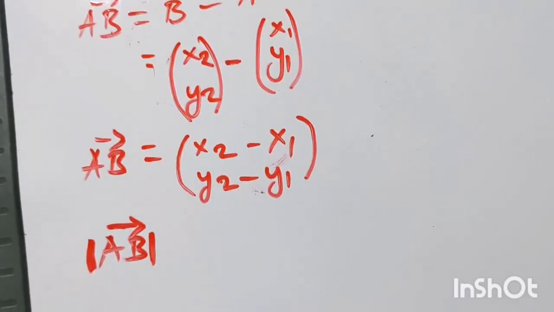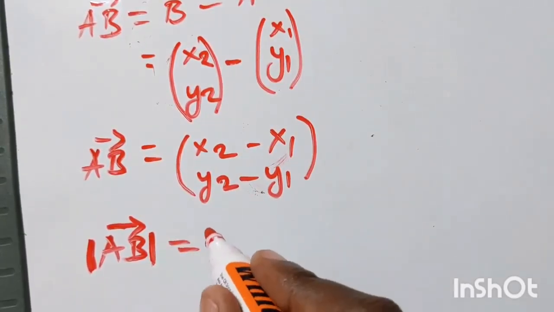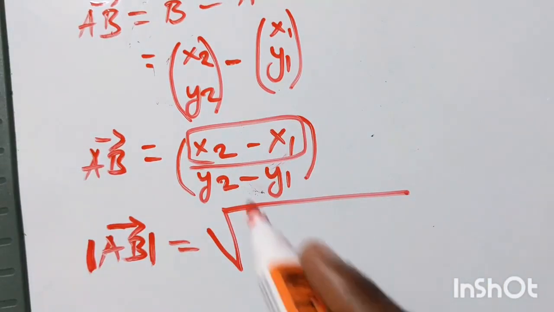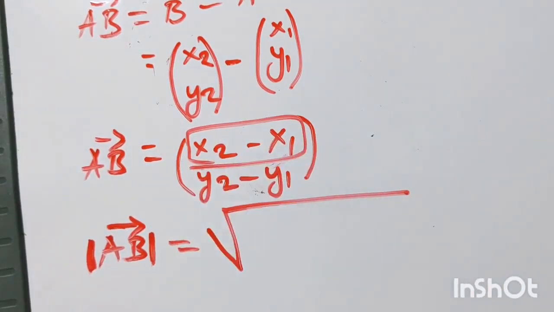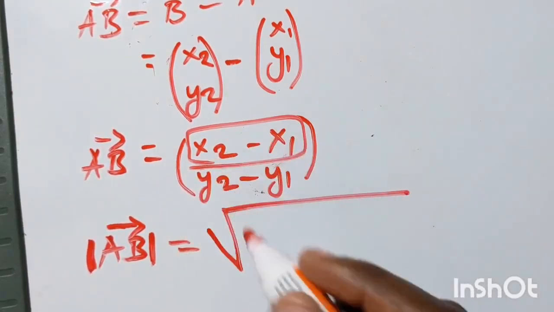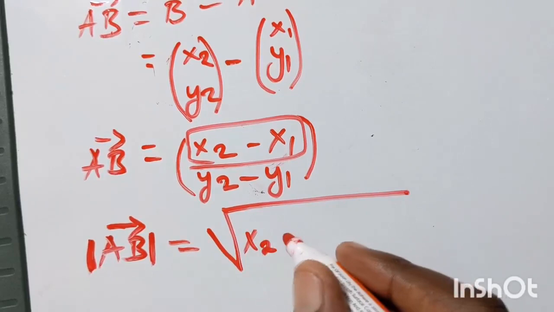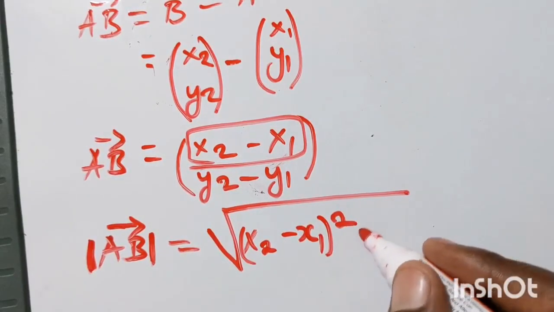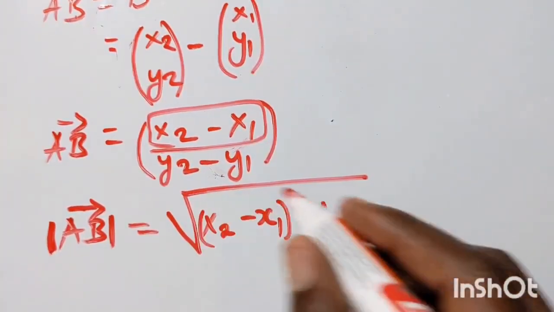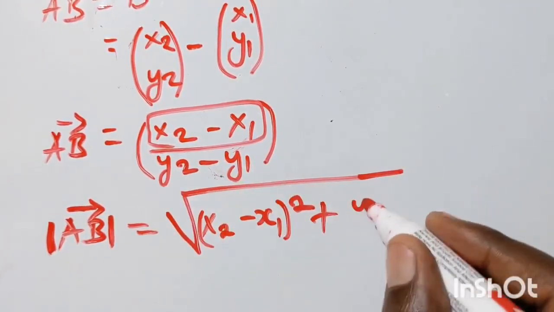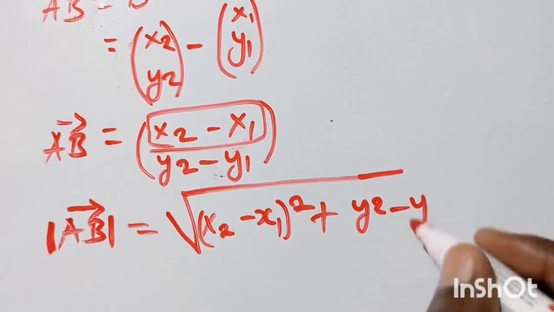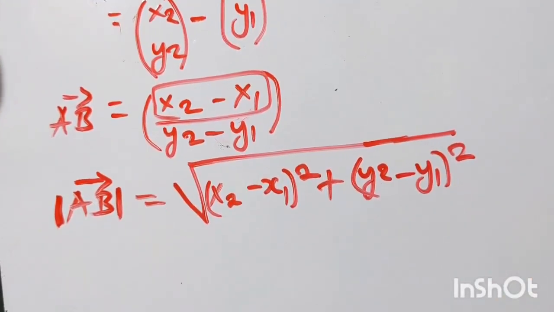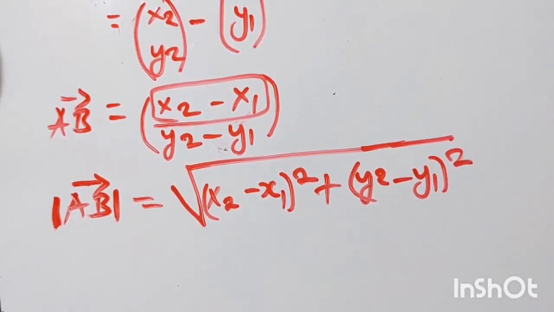We find the square root of x2 minus x1, squared, plus y2 minus y1, squared. So this is the formula for magnitude.